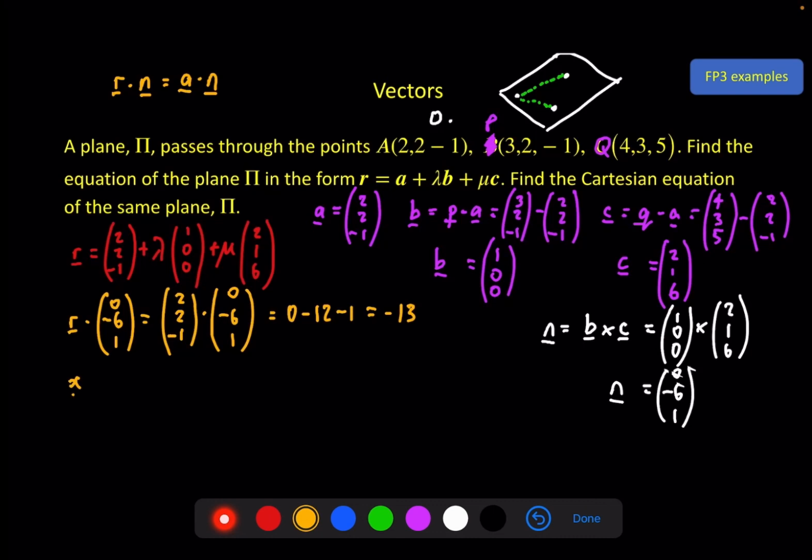And r is x, y, z. So the equation of my plane is 0x minus 6y plus z plus 13 equals 0. And this is the Cartesian equation of the plane.